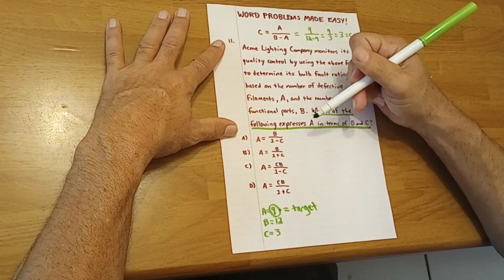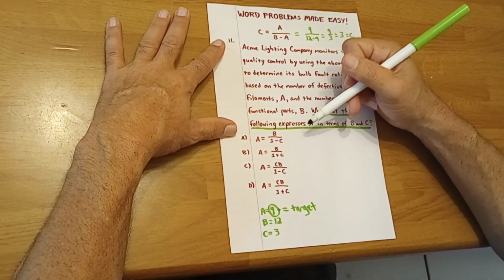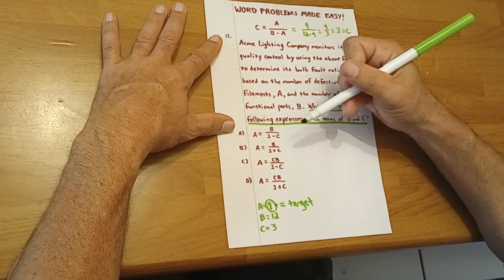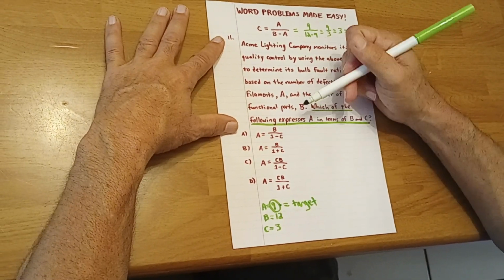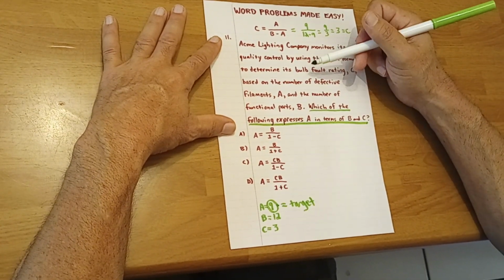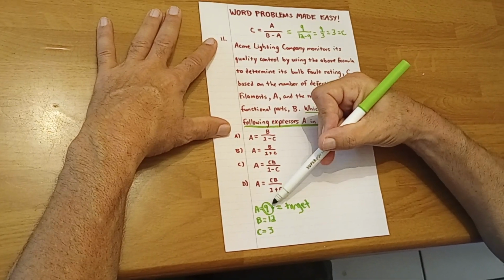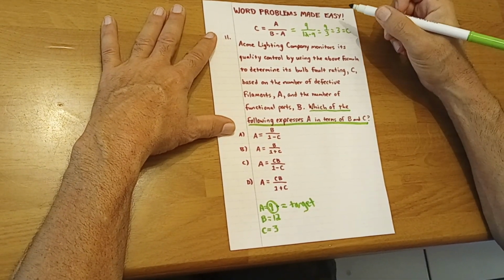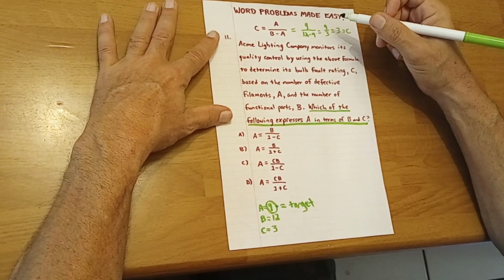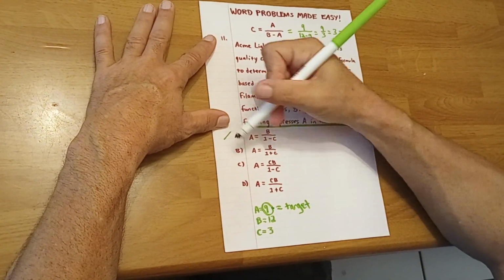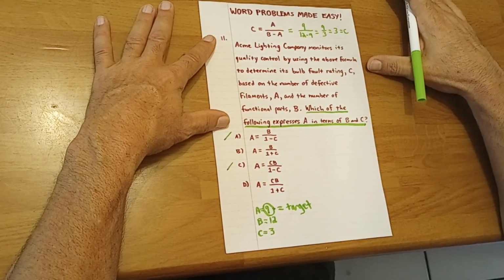Well, if C is 3, 1 minus 3 is negative 2, and if we divide any number by a negative, we're going to get a negative. But we know our target number here is 9, which is positive. So it's absolutely impossible for A or C to be correct, right?